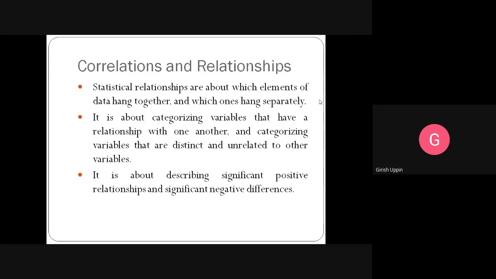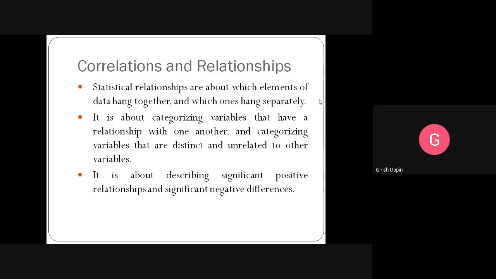As one decreases, the second one will also decrease. That kind of relation is called a positive correlation. For example, as the sales figure increases, the profit also increases. So they are highly correlated.